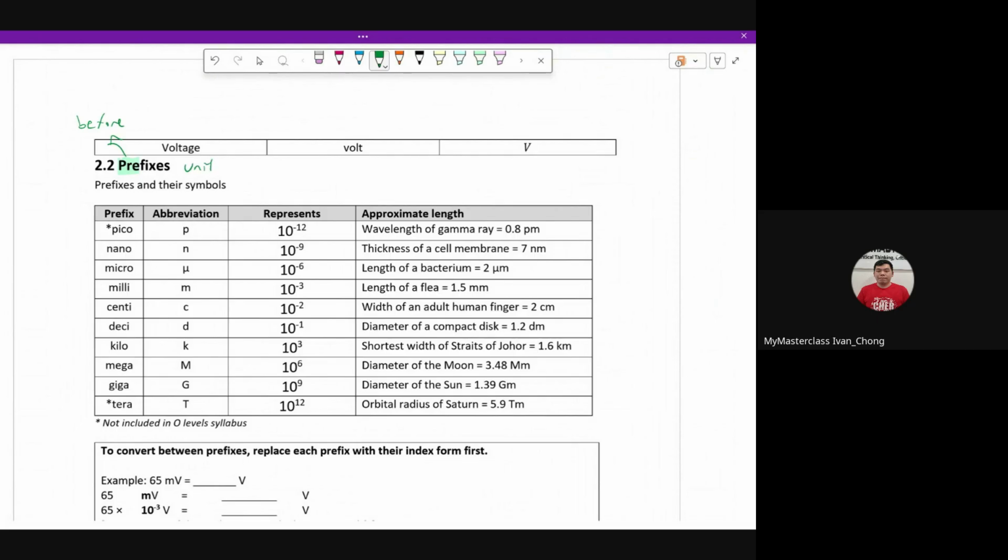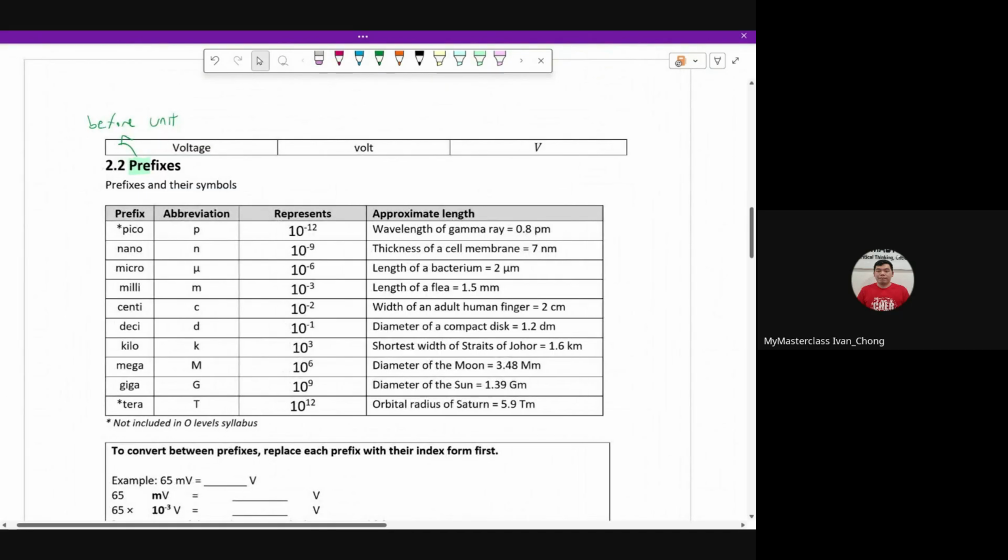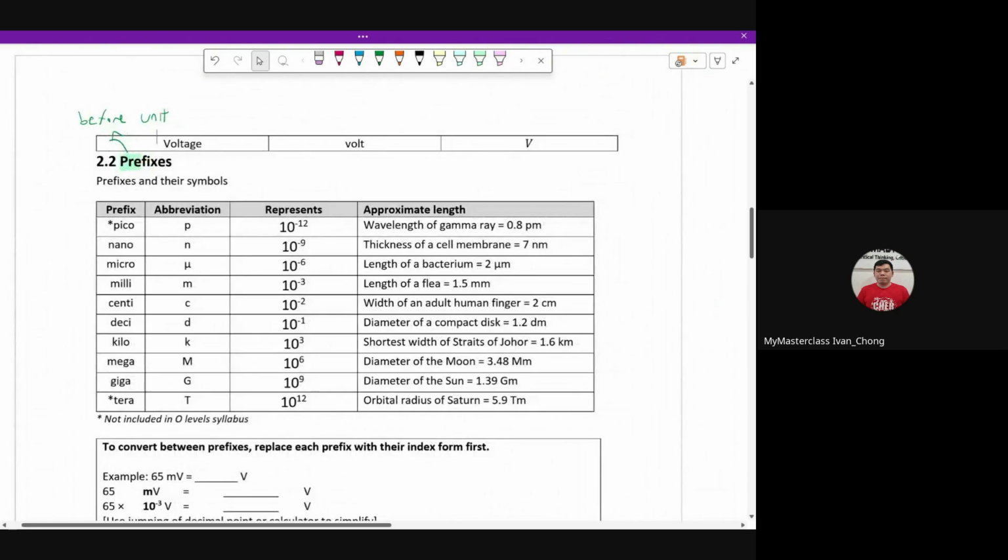These prefixes are actually just a multiplier. For example, on your right hand side, this 0.8 picometer means I have 0.8, and the P here means times 10 to the power of minus 12 meters.